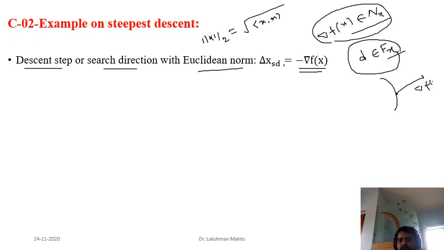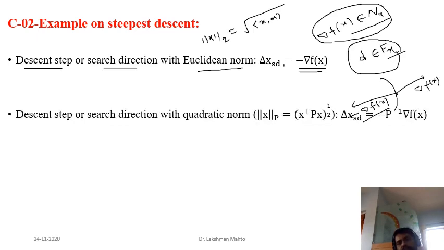And what is the direction cone? That means the direction in which the function is getting minimized. So this is the negative direction. That is where the negative of the gradient of f at point x comes in the direction cone, and you get the steepest descent direction as the negative of the gradient.